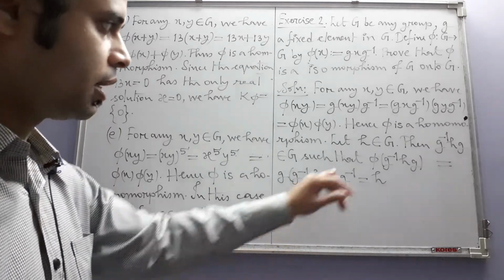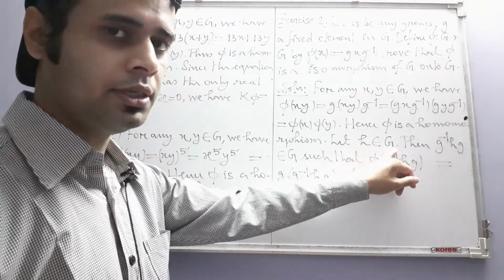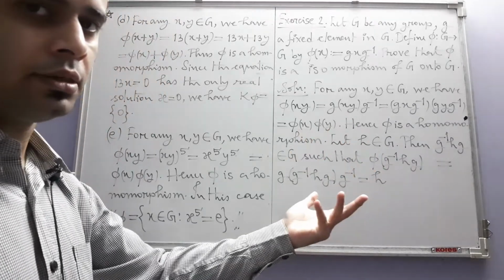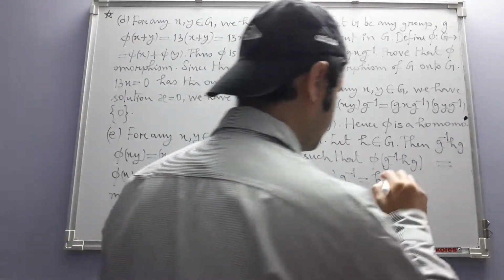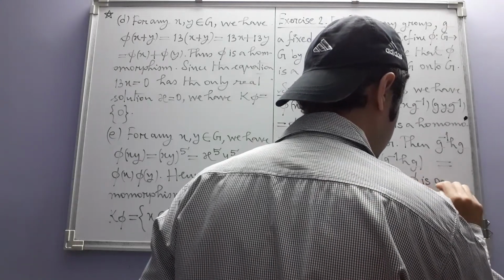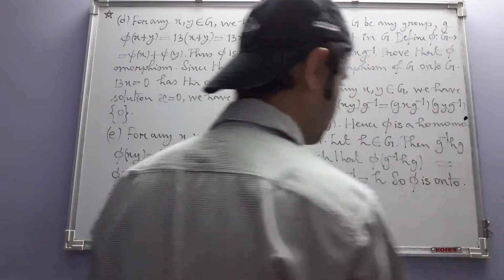So we have realized any element in the second group as the phi image of some element in G, the first group. So phi is onto.